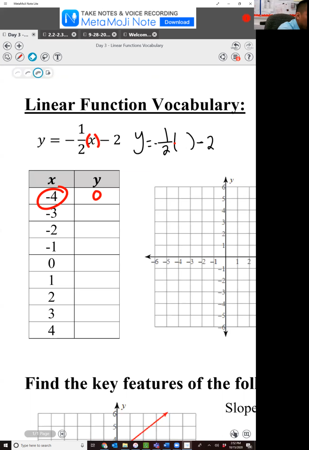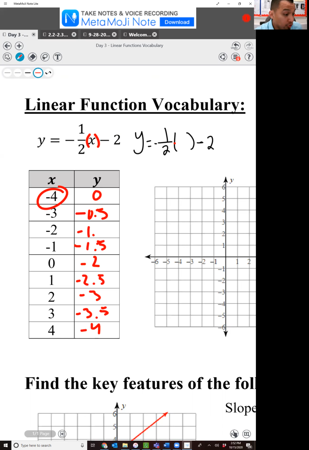Eventually, you should get -0.5, -1, -1, -1.5, -2. That's a 5, sorry. -2.5, -3, -3.5, and then -4. Okay, so you can do that on the calculator.